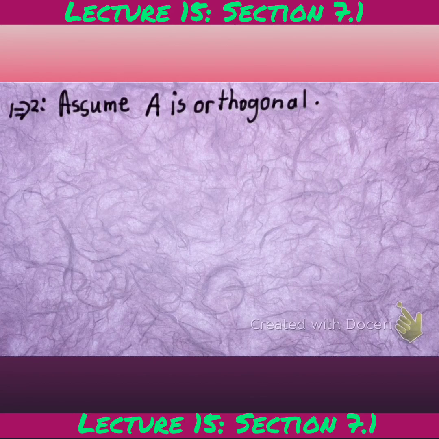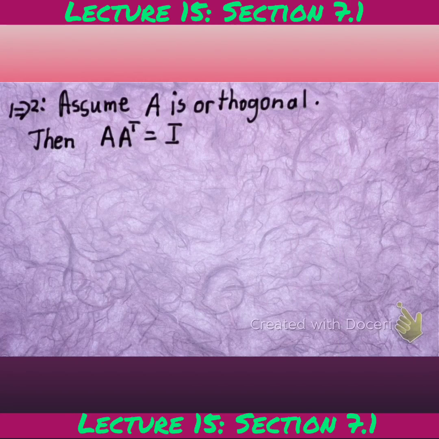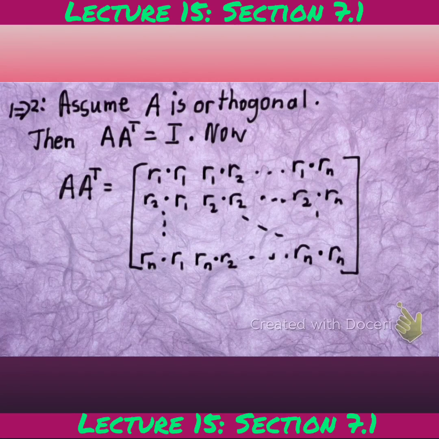Right, so let's assume first that A is orthogonal, and we're going to prove property 2, which is that the row vectors of A form an orthonormal set in Rn with the Euclidean inner product. This is going to imply that the matrix A multiplied by A's transpose is the identity matrix. Now, the r's indicate the row number of the matrix A. Remember that in the transpose, my rows become my columns and my columns become my rows.